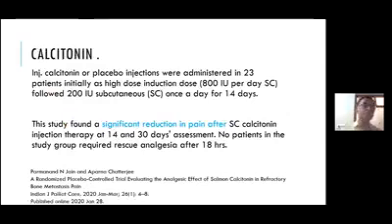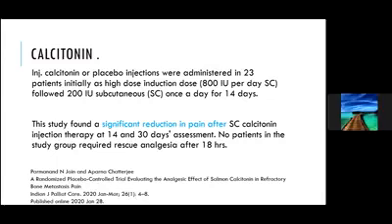Coming to calcitonin. There is a study by Dr. Parmanand Jain, P.N. Jain and Aparna Chatterjee, published in the Indian Journal of Palliative Care in 2020, January-March. It's a randomized controlled trial. It compared injection calcitonin to placebo injections.